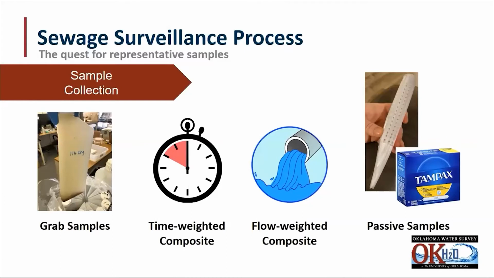And we have some research going on looking at trying to quantify what's in the tampons and comparing it to our flow-weighted composites that we're collecting simultaneously. And that's still coming along, and we're looking at 10 different types of pathogens as part of that process. So some viral things may behave differently than bacterial, but stay tuned to see how that goes.